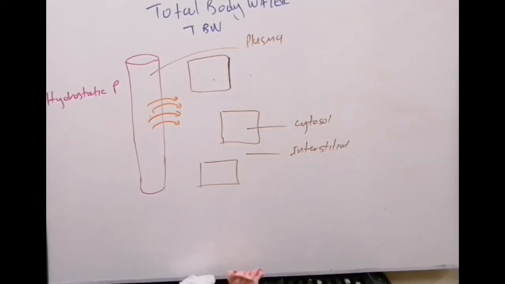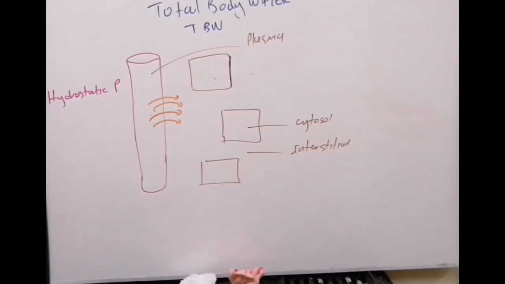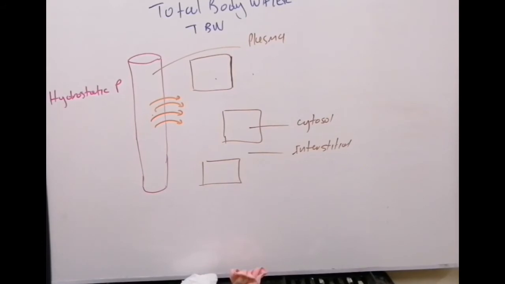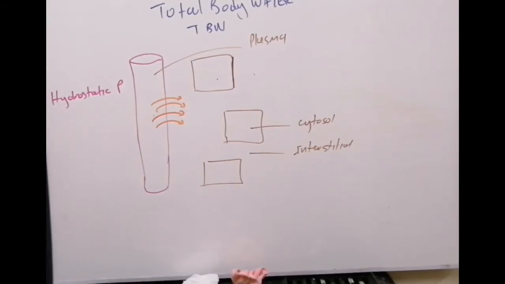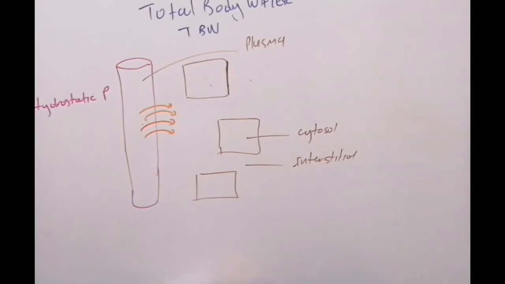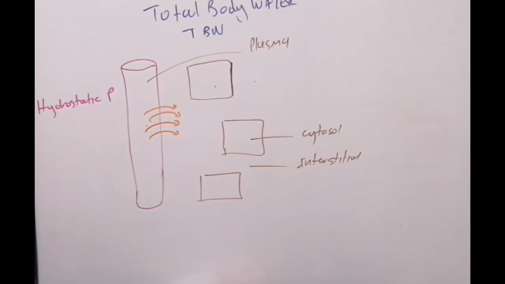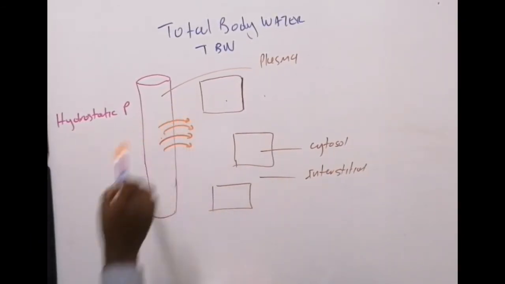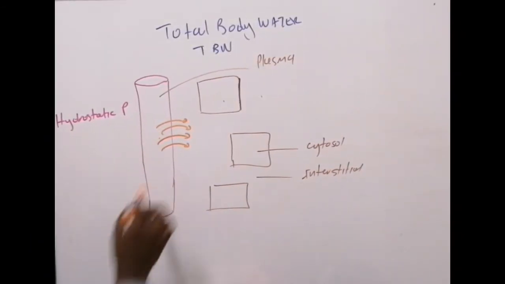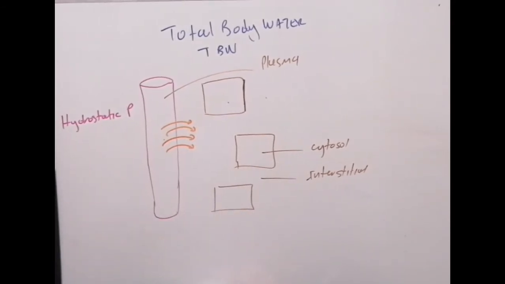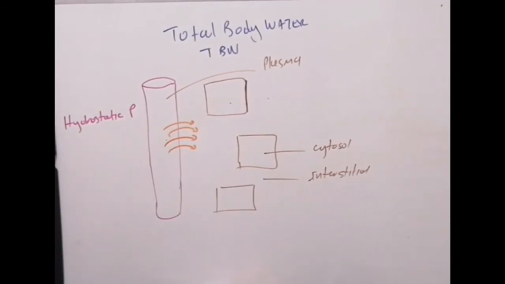Hydrostatic pressure is the pressure that is exerted by the fluid that is inside the vessels onto the endothelial walls. Because of that pressure, water starts to move through the endothelial wall into the interstitial space. This happens on the arterioles, through the walls of the arterioles, right?